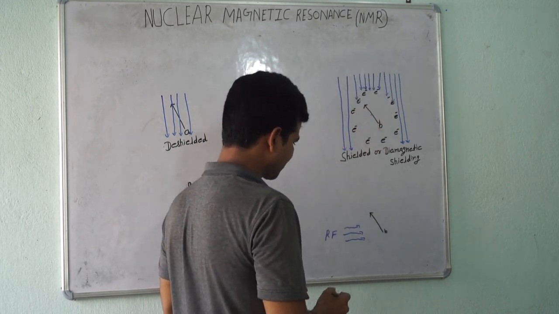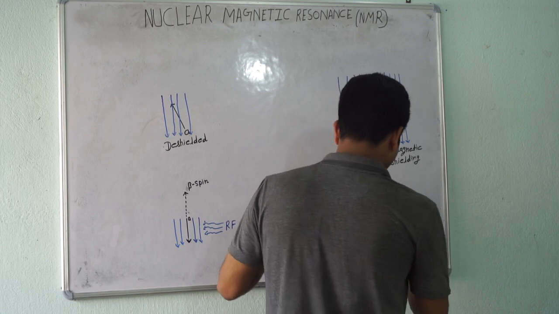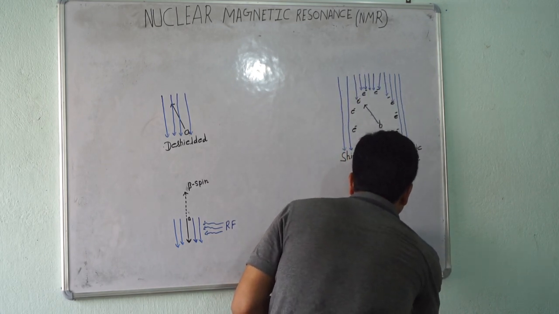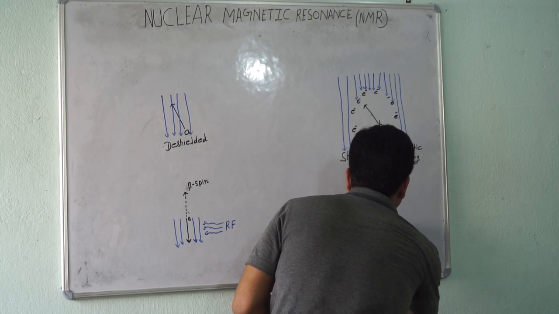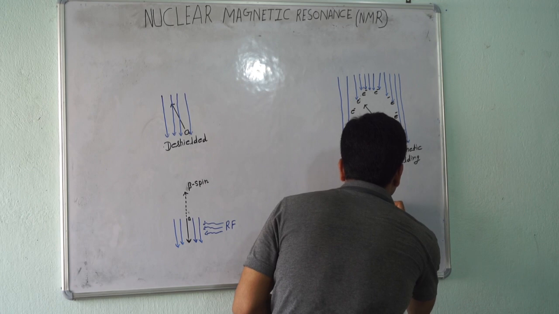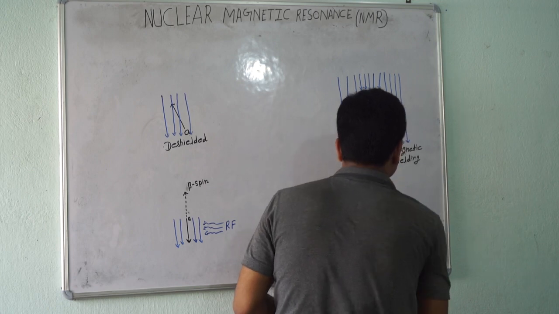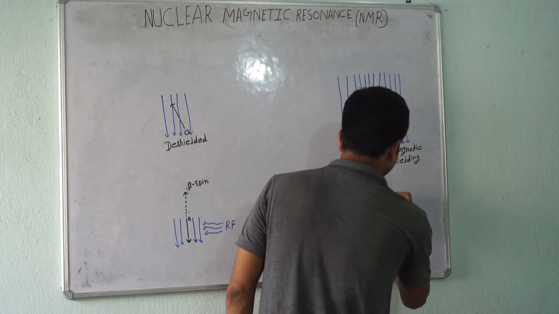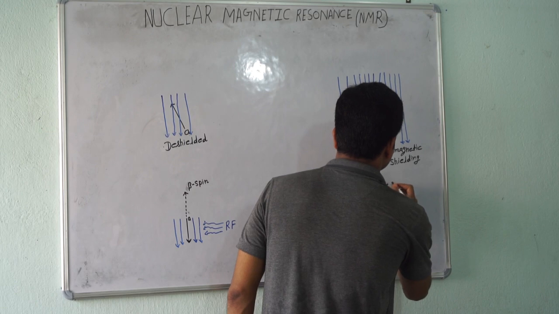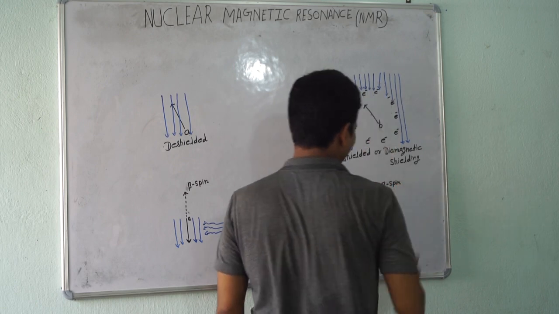The direction of beta spin would be south to north, like this. This is the direction of beta spin.